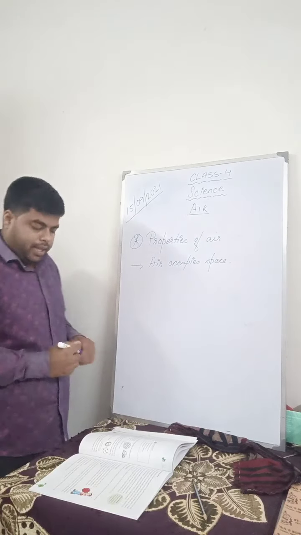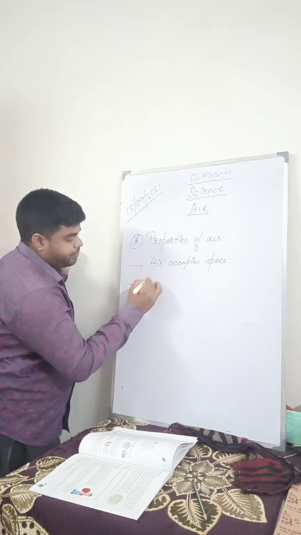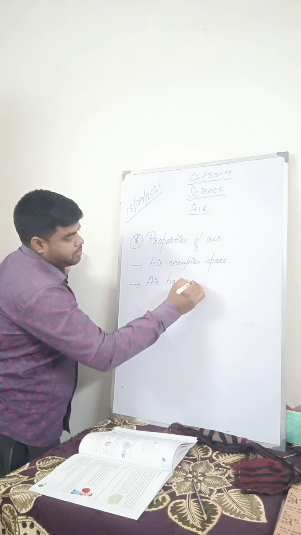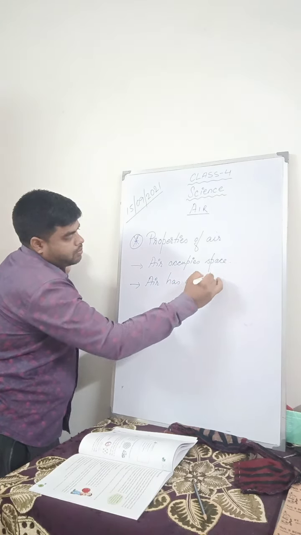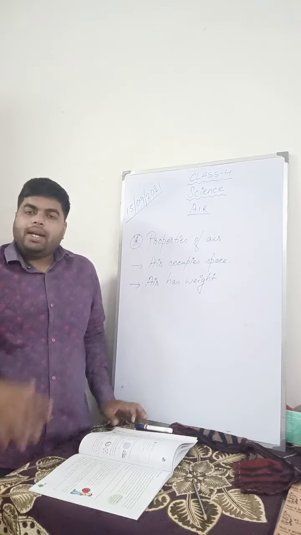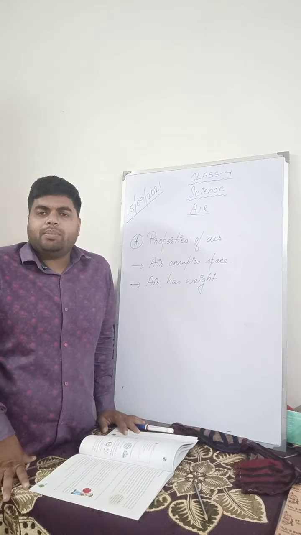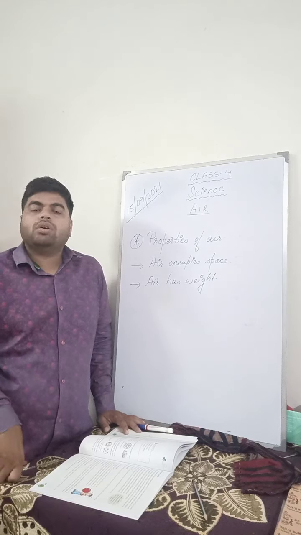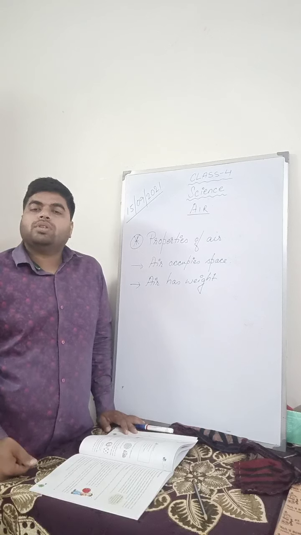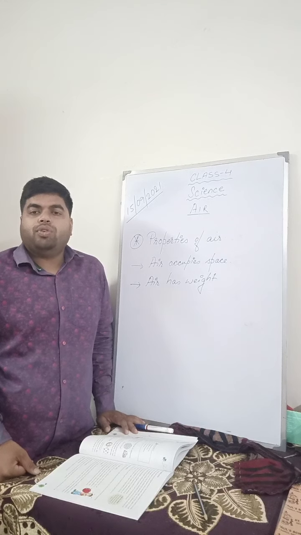The next is air has weight. How will you know that air has weight? Let me give you one very simple example that you might find in your book also. You go to the sports shop and buy a new football.